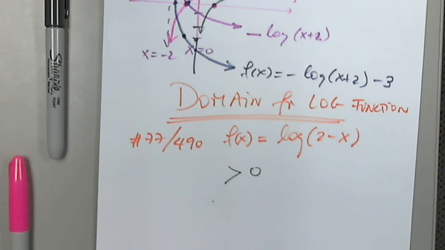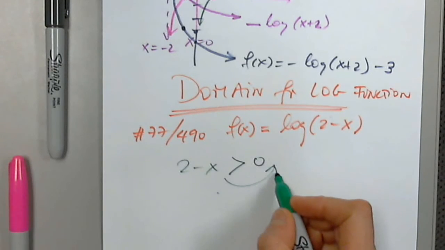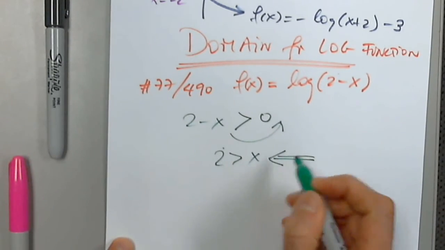Please read the expression we apply log to. 2 minus x, which means 2 minus x must be a number greater than 0. This inequality will give us a domain. When we solve this inequality, we will know exactly which x values we can use in this function. So I will move x to the other side, and I have 2 greater than x.